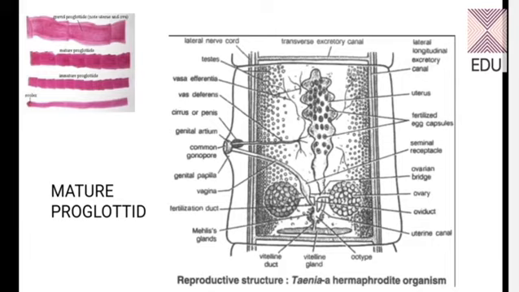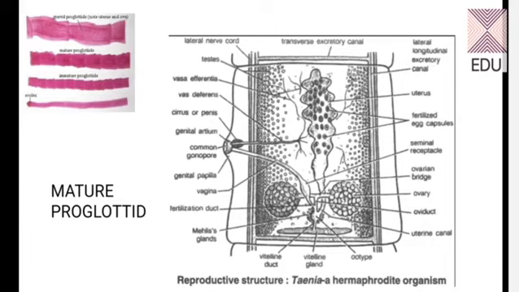So students, in this part of the video we have discussed the male and female reproductive systems of Taenia. We have discussed the physiology of how the egg capsules are formed, and now you know that the uterus has the stored egg capsules in which the zygotes are present.